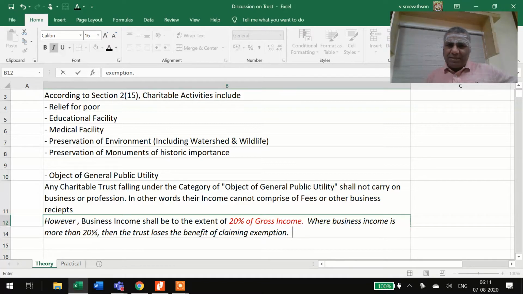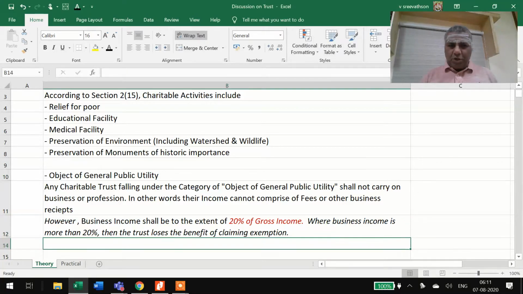Suppose my business income is 30 lakhs, then the trust loses the benefit of claiming exemption. You cannot claim exemption under section 11 if your business income is more than 20%. Up to 20% I will allow, and if it is more than 20%, you cannot claim that exemption.